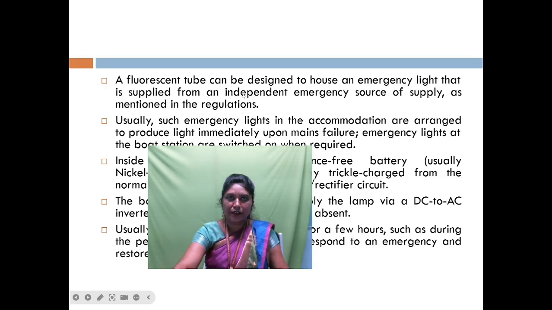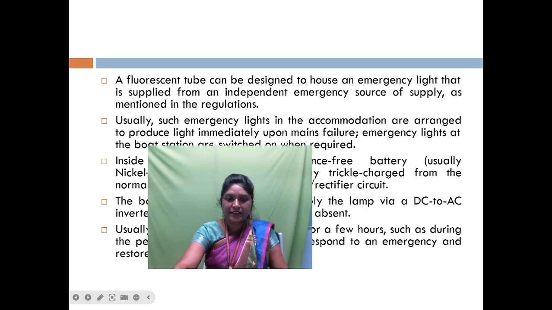As prescribed in the regulations, each and every lighting has an alternative, so that if any one of the lamps is defective, it should operate by the other alternative choice. Usually such emergency lights in the accommodations are arranged to produce light immediately upon main failure.